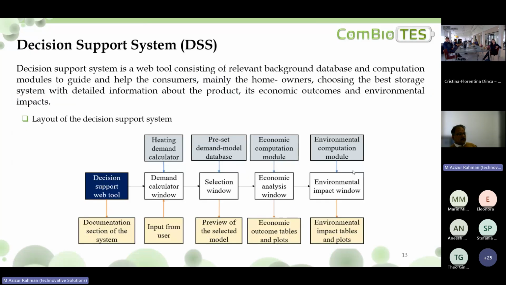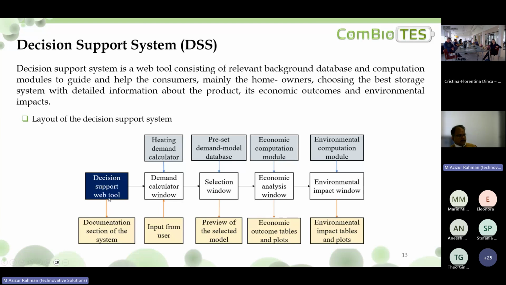Combining all those databases, life cycle analysis, levelized cost of energy, and also the sustainability model called multi-criteria analysis, we developed a decision support tool. It is a web-based tool.